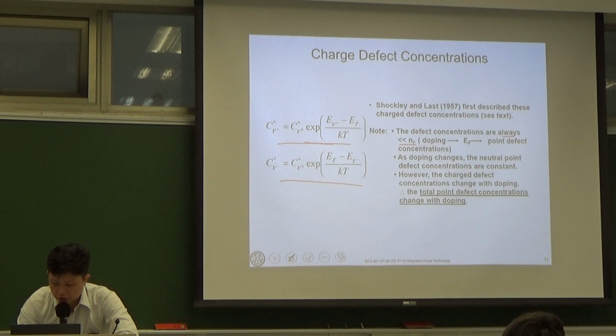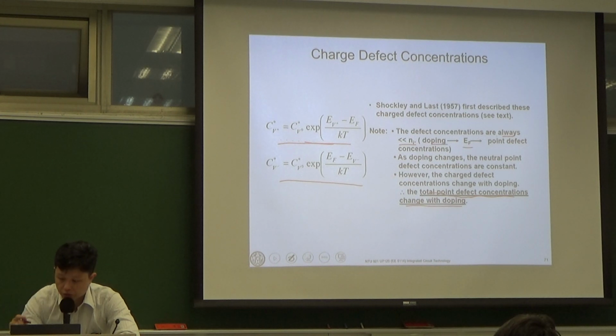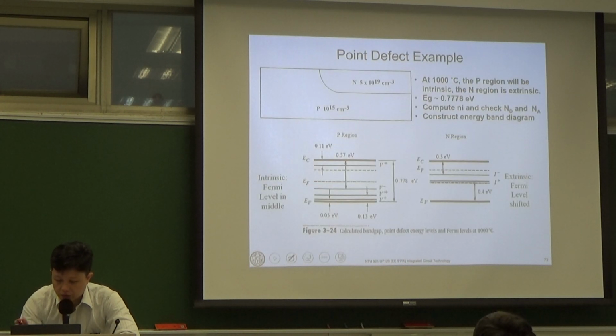This point defect concentration will change with your dopant, because your dopant will affect your Fermi level, which will affect your point defect concentration. Here is just an example.